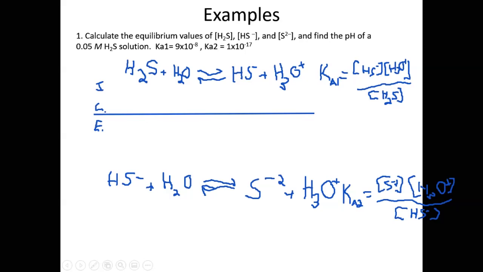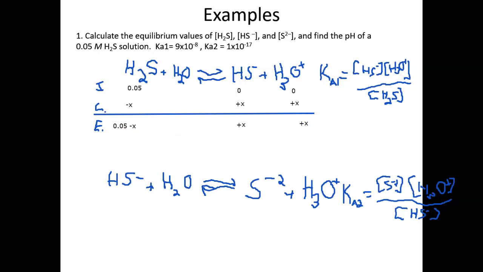So this is 0.05, 0, and 0. Now the change, just like we did with weak acids, minus X, plus X, plus X. At equilibrium, 0.05 minus X, plus X, plus X.